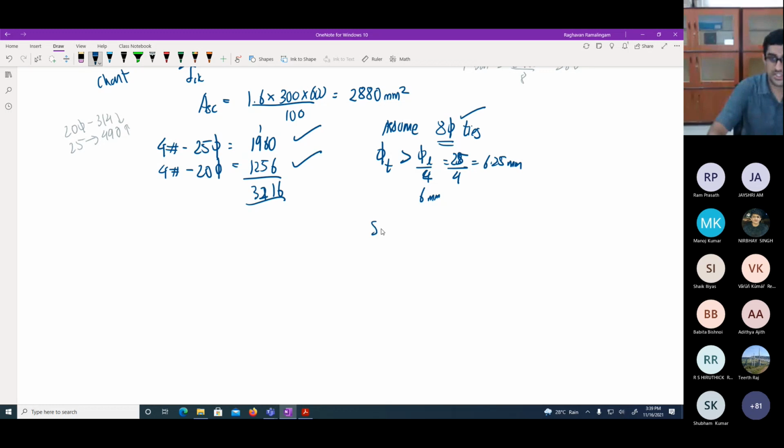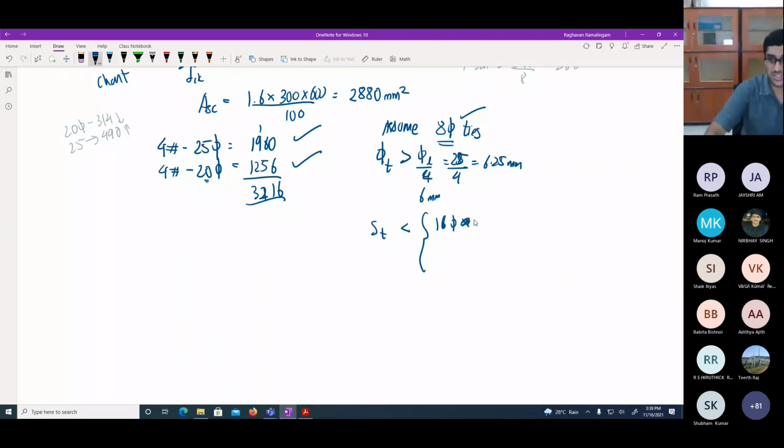And the spacing of the ties, once again, we also make that spacing lesser than the least of two conditions. One is 16 times the smallest diameter that we have, which is 20.